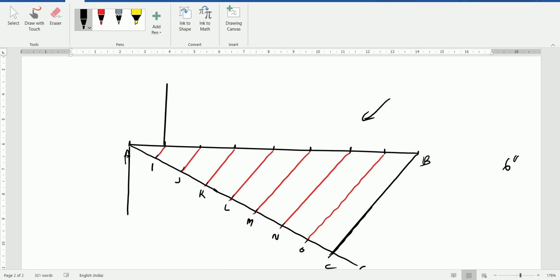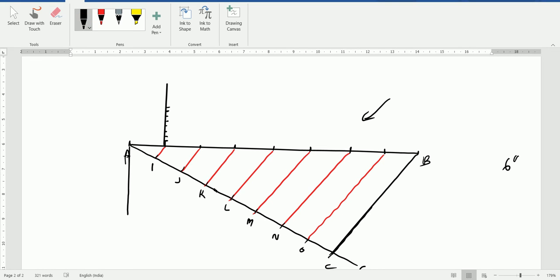Okay, so let us divide. 1, 2, 3, 4, 5, 6, 7, and 8.